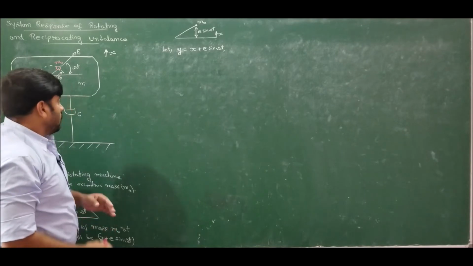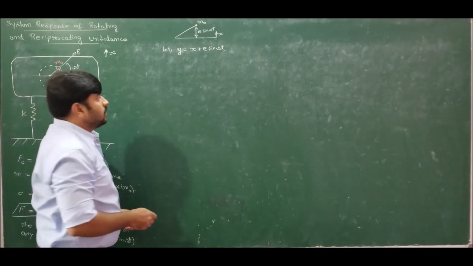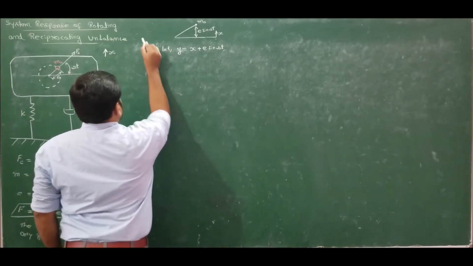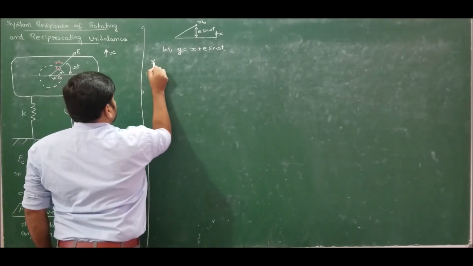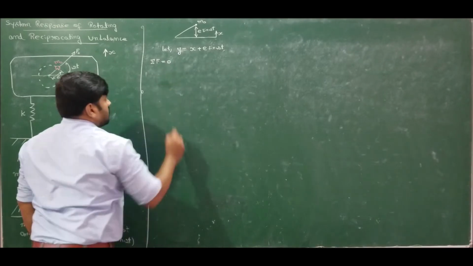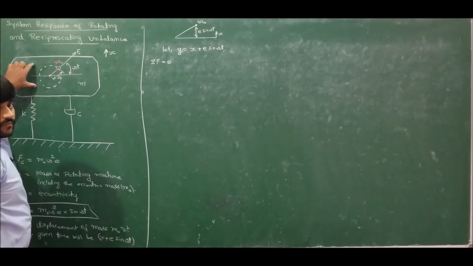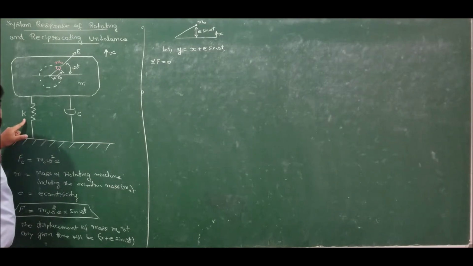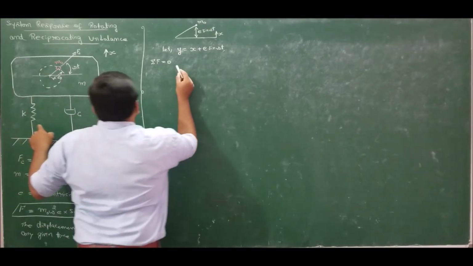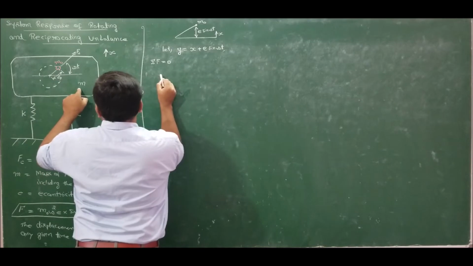Now we know that for equilibrium, the sum of forces must be equal to 0, right? What are the forces acting? One is the inertia force, second is the damping force, third is the spring force. So if I write them, the first one is m.